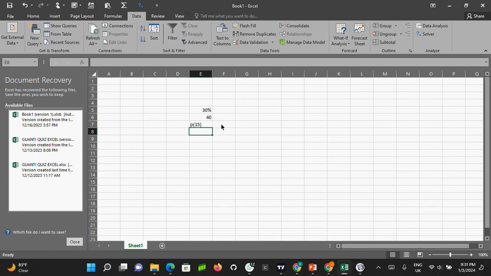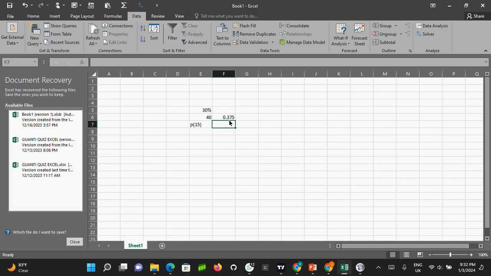If they are asking what is the probability that 15 are girls, and we want to get the sample proportion, it will be the number of successes, which is 15, the girls we are looking for, divided by 40. So 15 divided by 40.